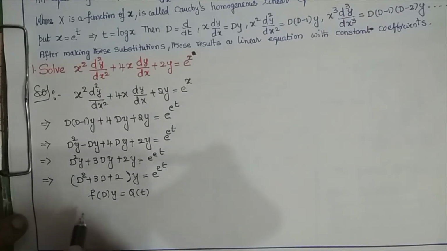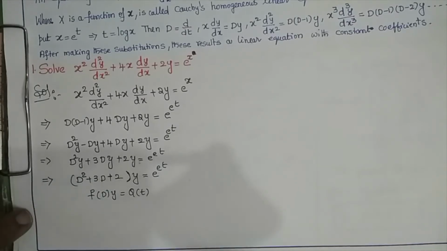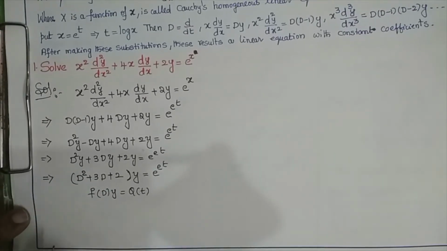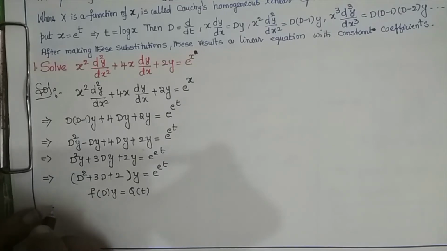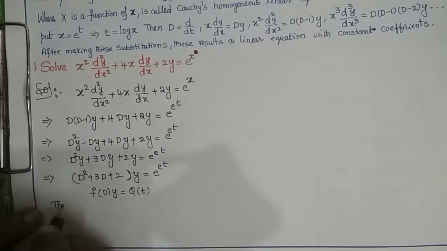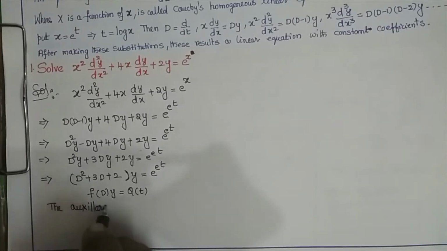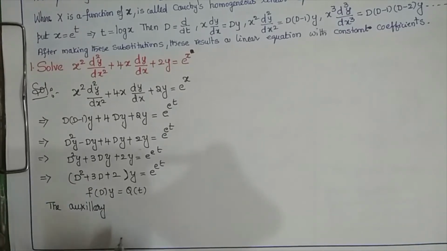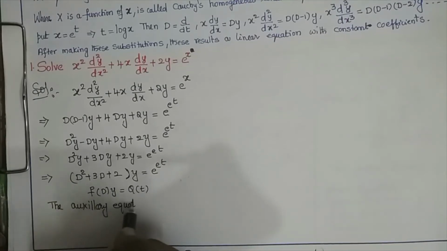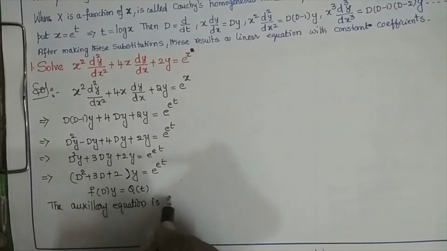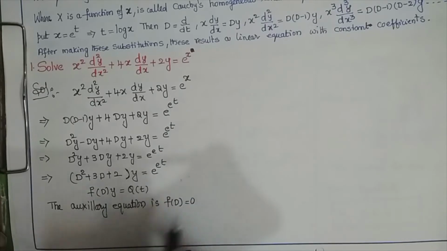What do we require? Complementary function. How to find the complementary function? For getting the complementary function, let us take the auxiliary equation of this equation, that is f(D) = 0.